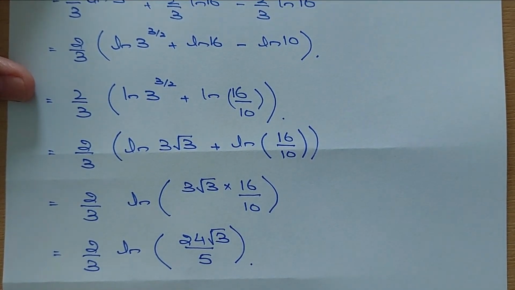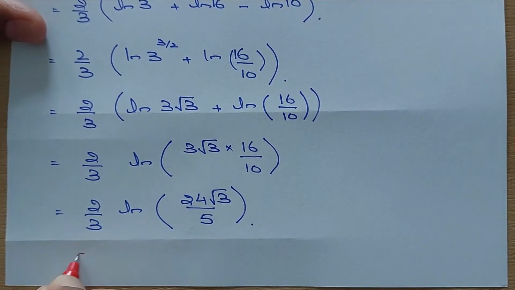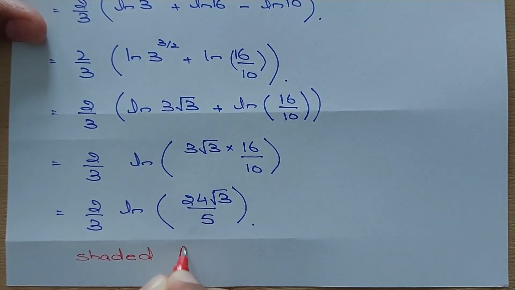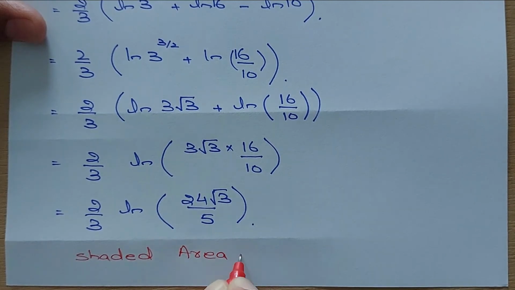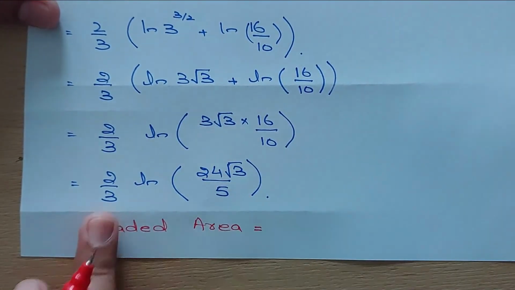So this is the area under the curve, and we have the area of a rectangle as well. So to find the shaded area, we add both areas. So the shaded area is the sum of the area of a triangle, that is 18 over 25, yes, and this area.